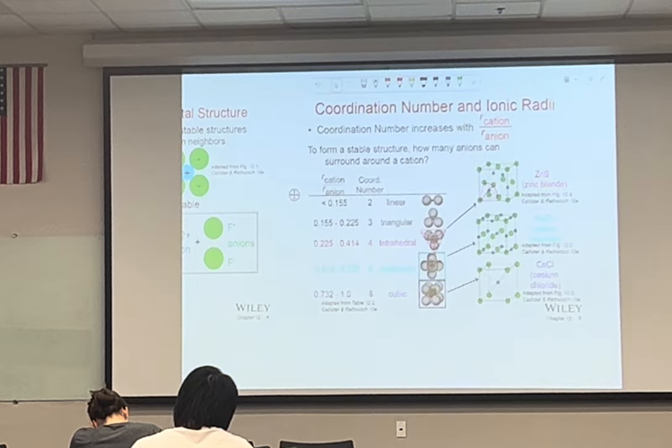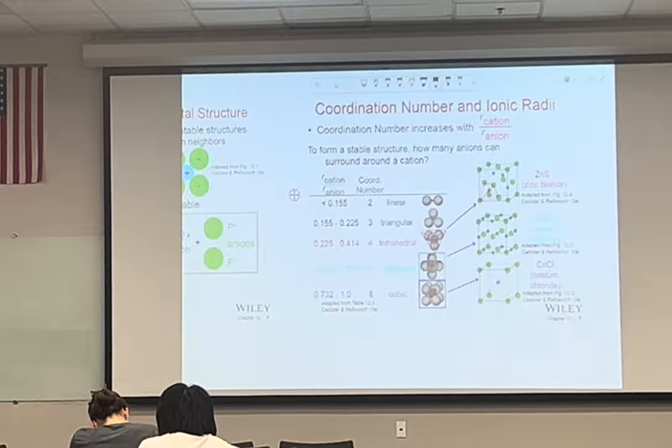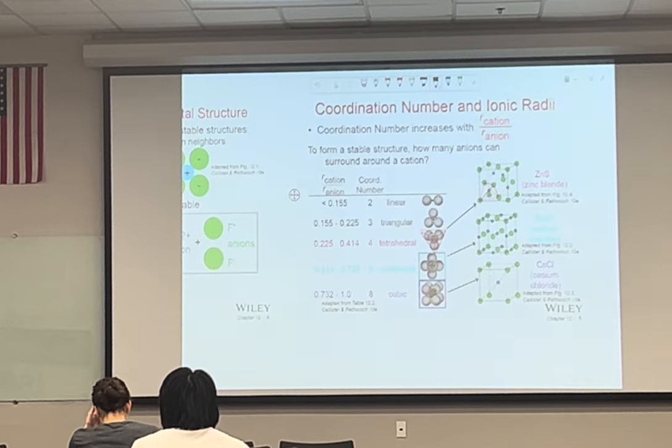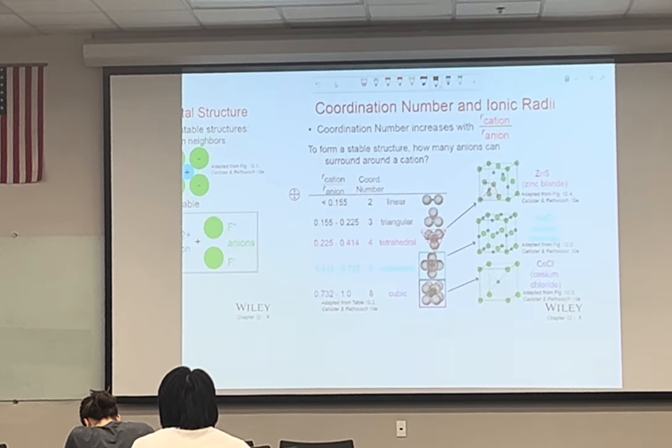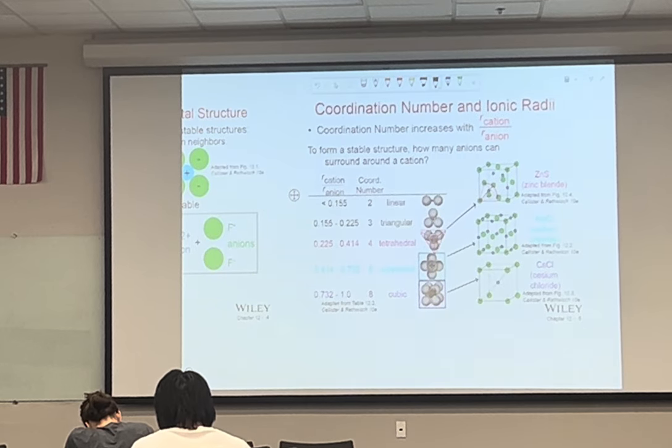But if it lies between 0.225 and 0.414, it's going to have a tetrahedral structure in which the cation is at the center, which means it has 4 neighboring anions.